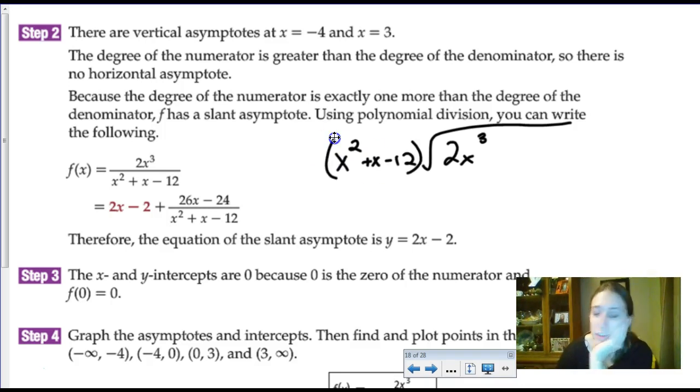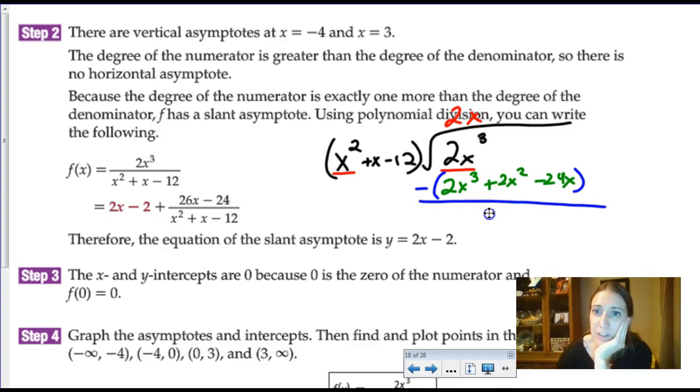If you do long division on 2x to the third, 2x to the third divided by x squared is 2x. Then we multiply, and you get 2x to the third plus 2x squared minus 24x. What I like about these long division problems is you almost don't even have to finish them.